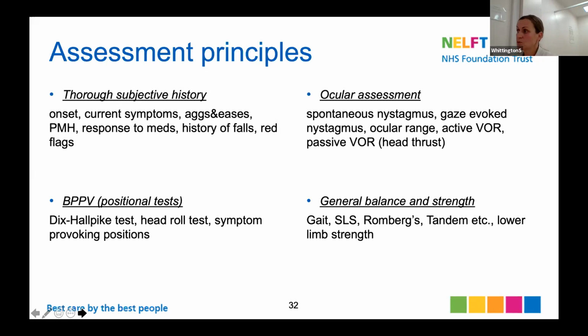Then I look at what is called the head thrust. This is more like a surprise maneuver. Again, the patient looks at an object, keeps their focus on an object. I usually sit quite close to the patient for that one, and I get the patient to look at my nose.